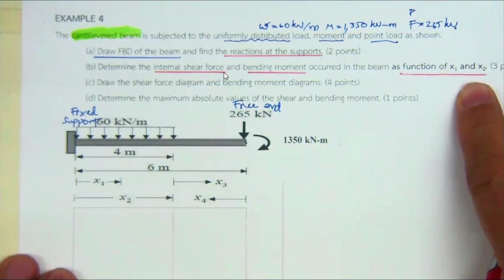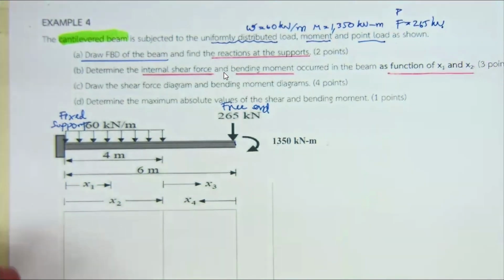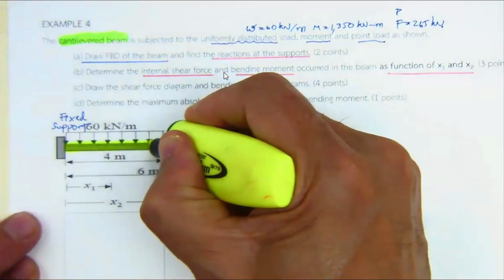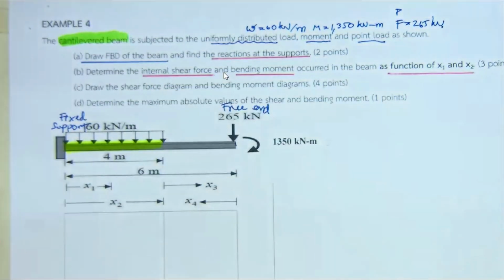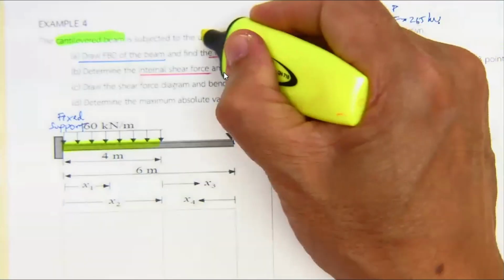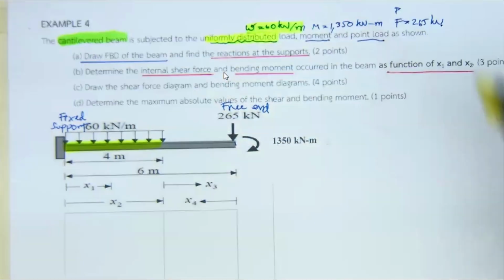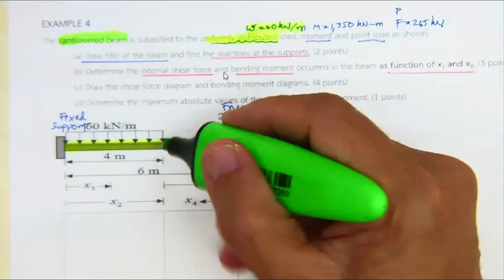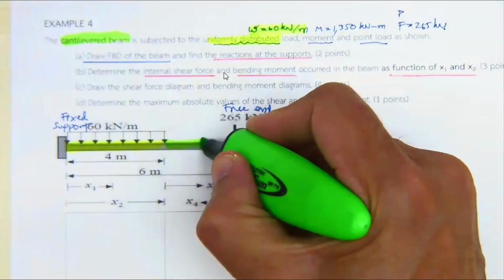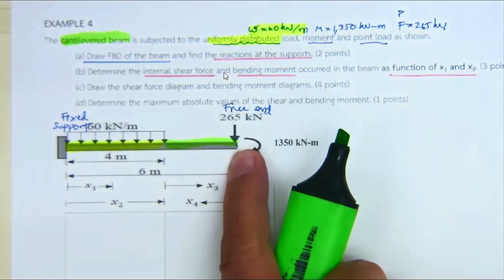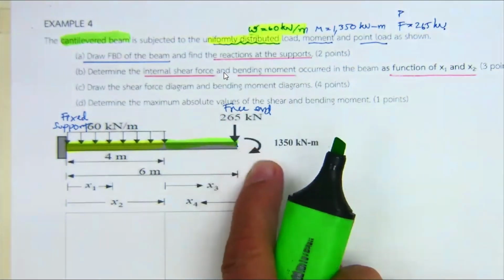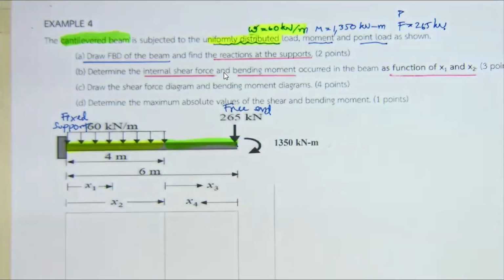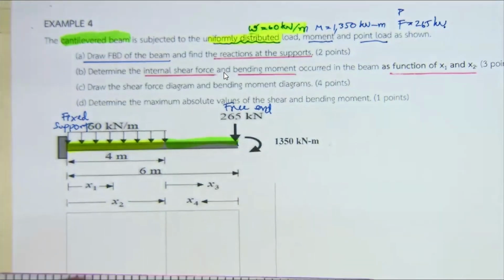Again, how come it specifies x1 and x2? Because the beam can separate into two portions. This is the first portion subjected to uniformly distributed load. And then another portion there is no distributed load, only has the point load and bending moment and the free end.